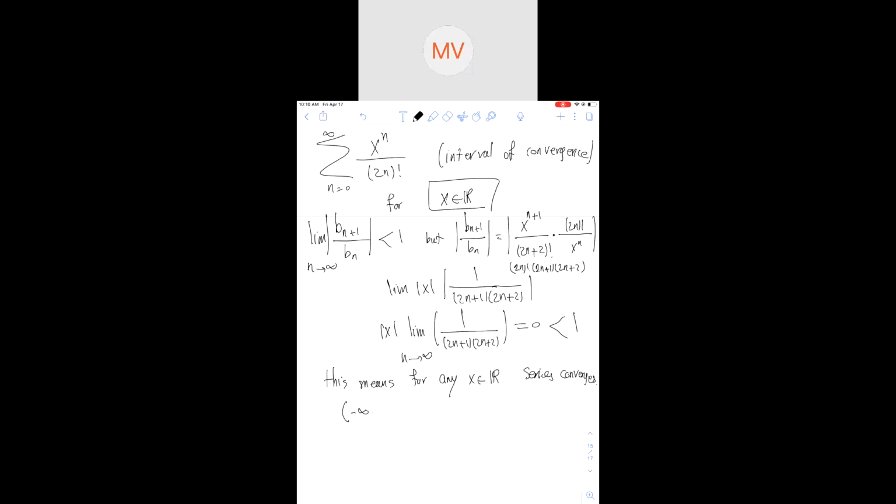So the interval of convergence is negative infinity to positive infinity, or the entire R, set of real numbers. Okay.